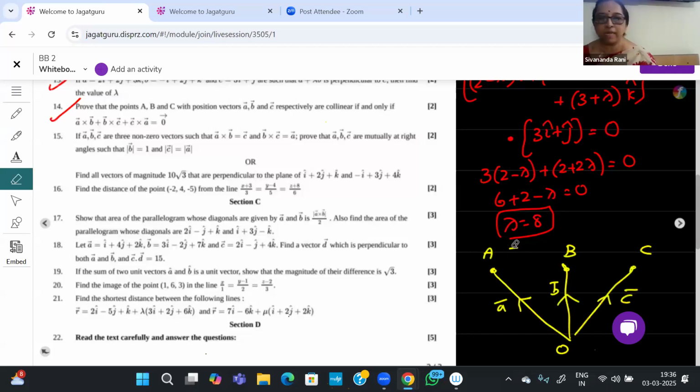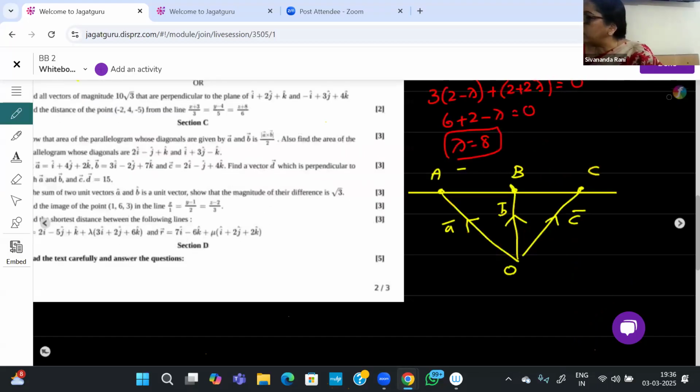Did you understand that first? He has given you position vectors that you have understood. Okay. What are you supposed to prove? What is given? They are collinear. Okay. What is meant by collinearity? 3 points are collinear means they lie on a line, right? A, B, C lie on a line. So like what Anirudh said, they are collinear if AB, BC are collinear, parallel.